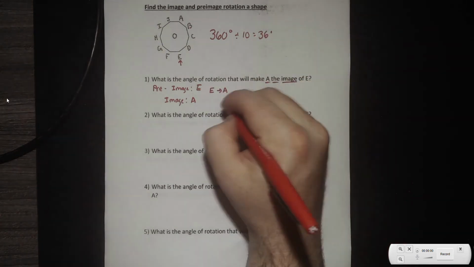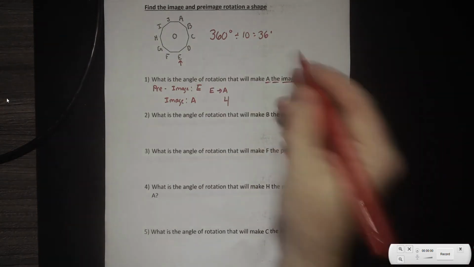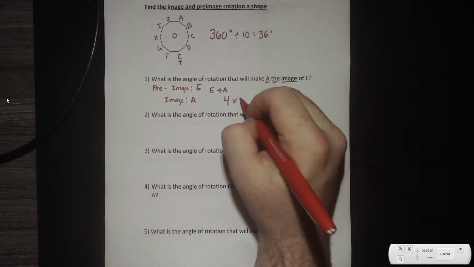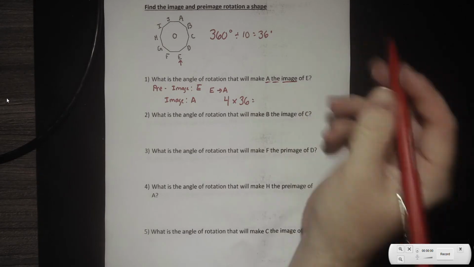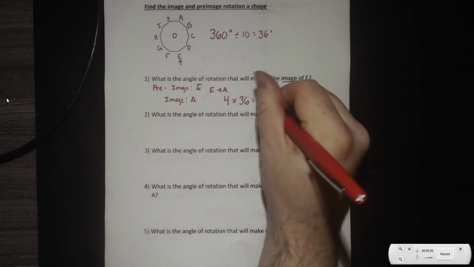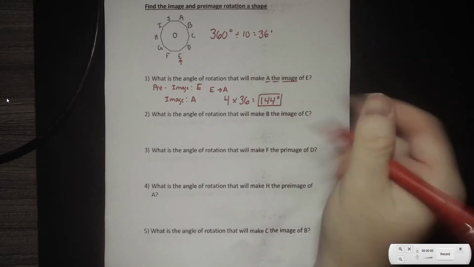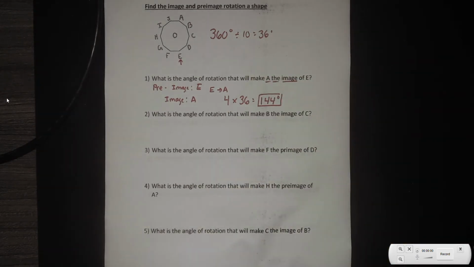So that's 4 times. I'm going to multiply that 4 by my smallest angle of rotation, which is 36. So 4 times 36 gives me 144 degrees. That means the angle of rotation that makes A the image of E is 144 degrees.